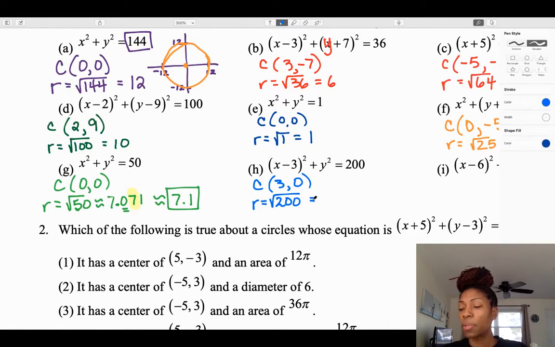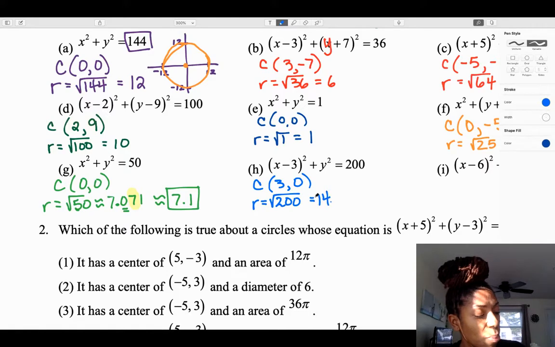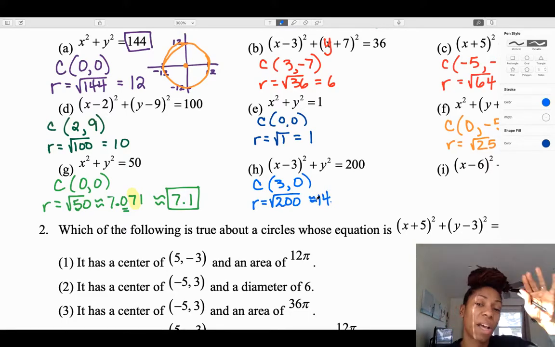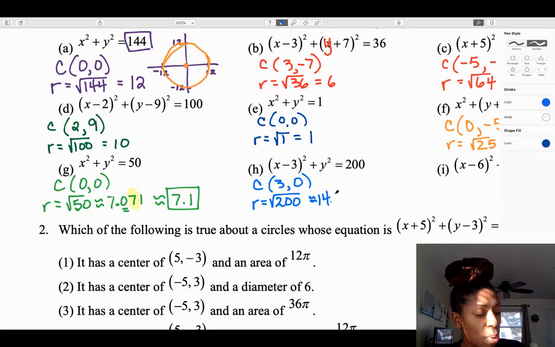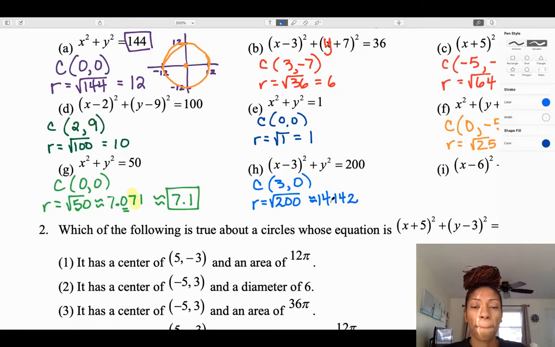Square root of 200 is approximately, that's what the wavy equal sign means, 14.142. And the 1 is what we have to either stay at 1 or round up to 2.